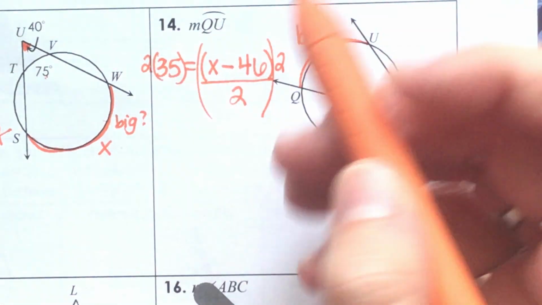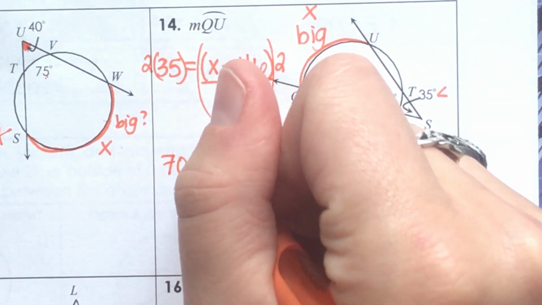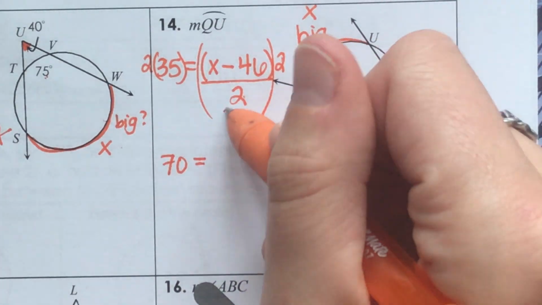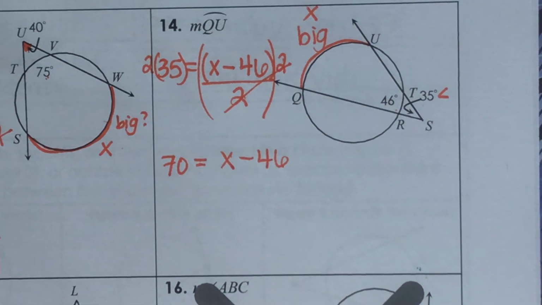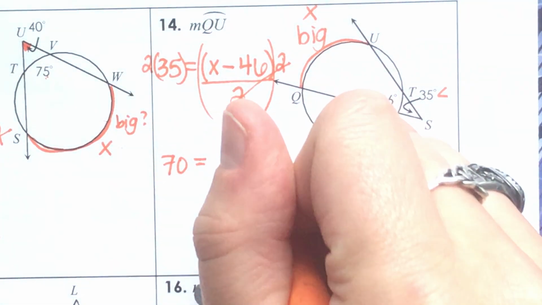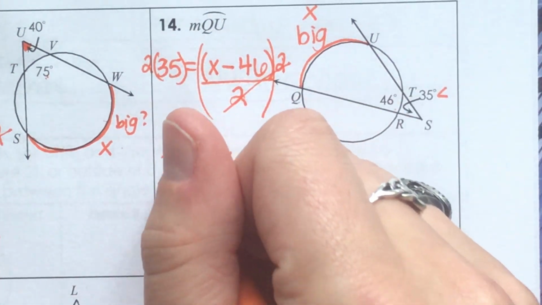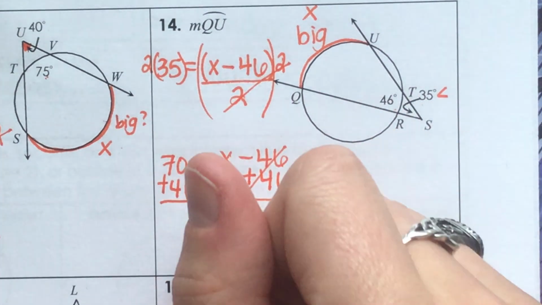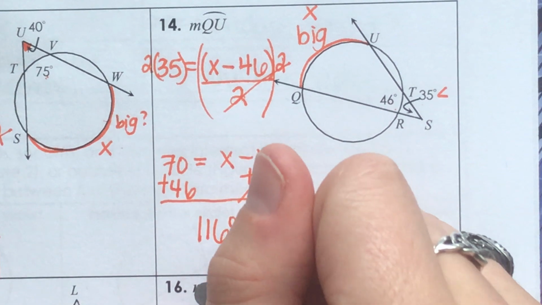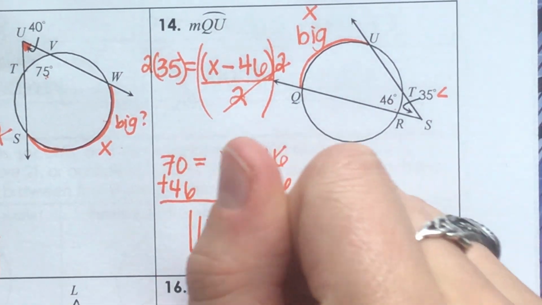So I get 2 times 35 is 70. These 2's will cancel. And then to get x by itself, I add 46. And I get 116 degrees is my big arc.